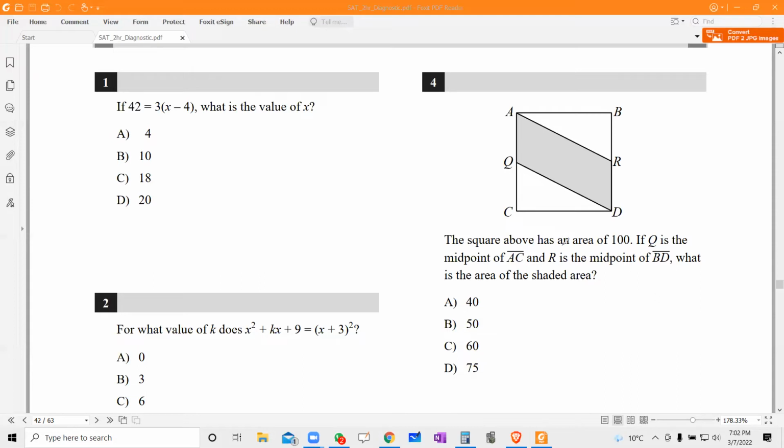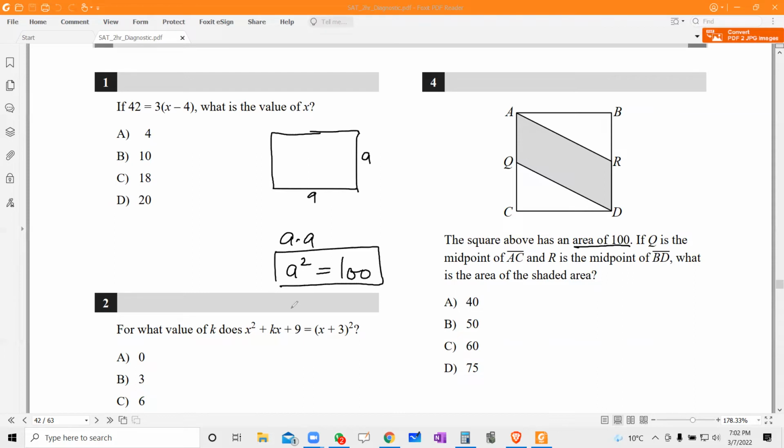But what I would do here, because I want to be 100% confirmed, I've got an area of the square, and it is 100. I know that the area of the square is length times width, right? If each side is A, it'll be A times A, and that is A squared is 100, right? Because the square has the same length and same width. So if A squared is 100, how much will be A only? 10. 10, correct.